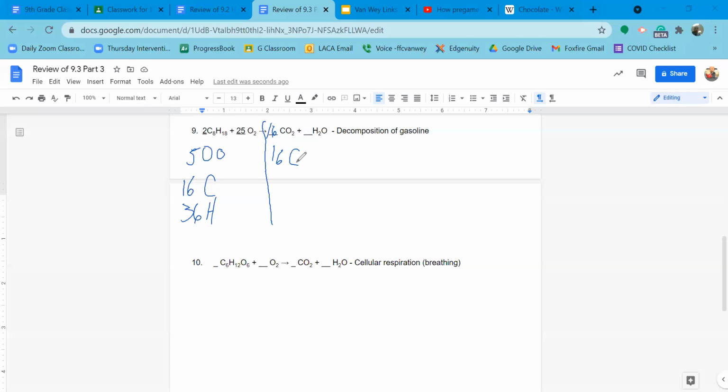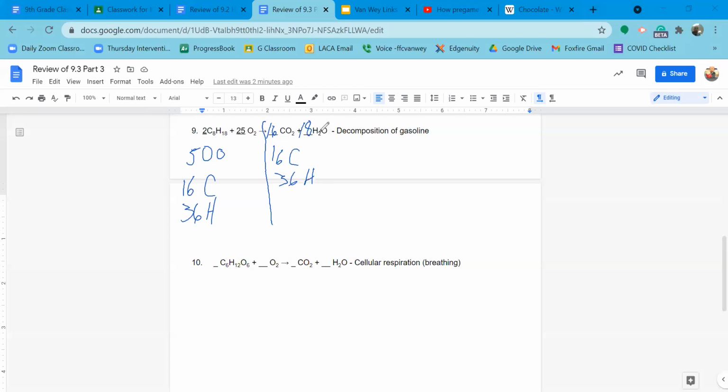Next, let's do hydrogen. So I have 36 hydrogens, and I got that by multiplying 2 times 18. So here, hydrogen comes 2 at a time. So 36 divided by 2, I've already got that here: 36, 18, and 2. 18 waters will give me 36 hydrogens.